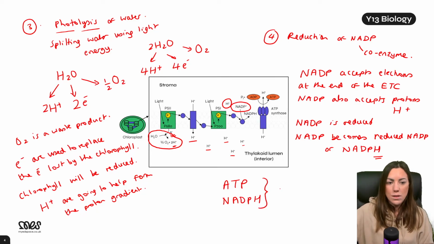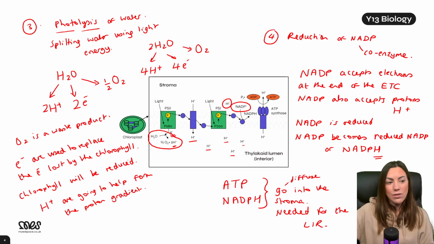Those are the two important products because they will diffuse into the stroma, as they are needed for the next stage of photosynthesis, which is the light-independent reaction. Remember, we have also made oxygen in the photolysis of water, but oxygen, as we said before, is a waste product. It's not used in the second stage. These are the two important products.